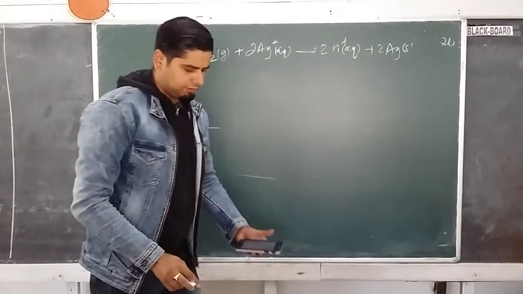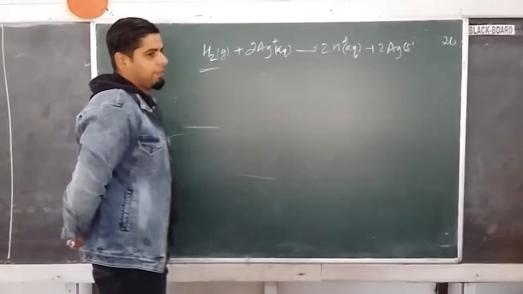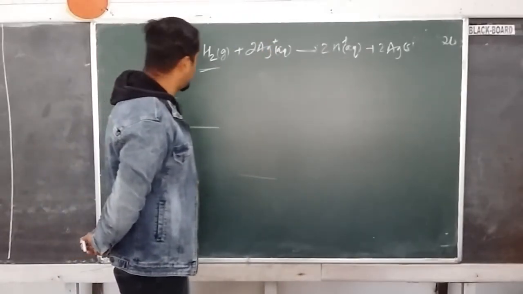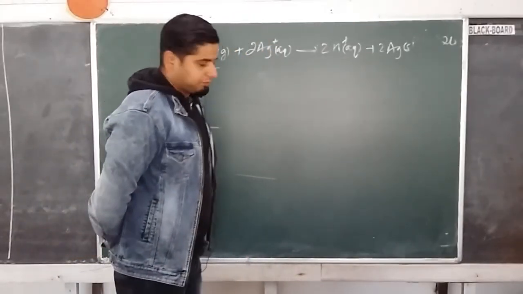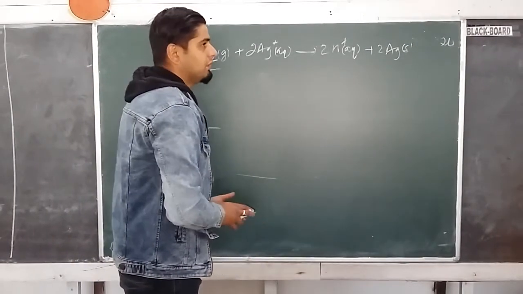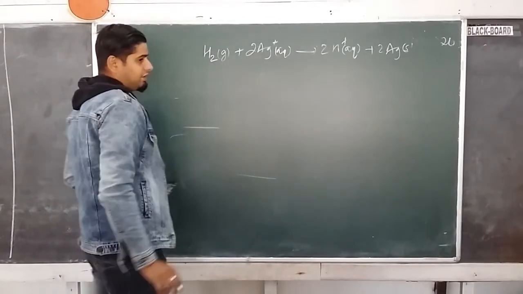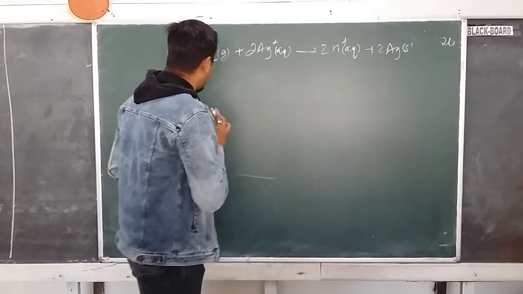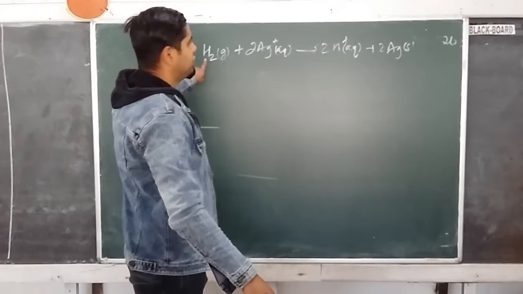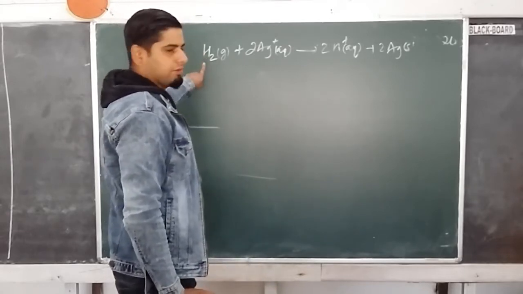Look at the board now, it is very important. Here we have hydrogen gas instead of metal. Hydrogen gas also can act as an electrode. So if hydrogen is there, then you don't have to worry. Simple. If you see hydrogen, then you need to use an inert electrode like platinum along with this hydrogen.